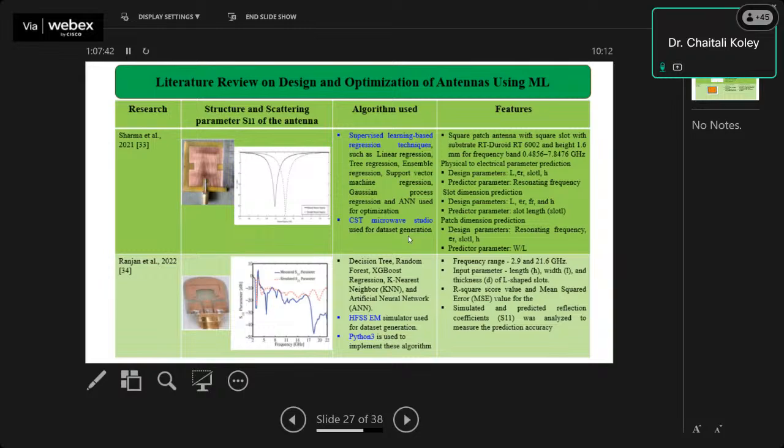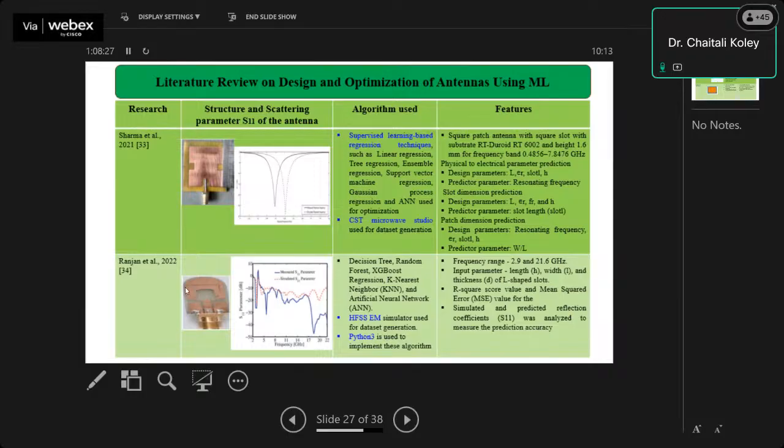They utilized five distinct machine learning algorithms: decision tree, random forest, XGBoost regression, K nearest neighbor, and artificial neural network. To obtain the data sets, they varied the length, width, and thickness of the L-shaped slot.